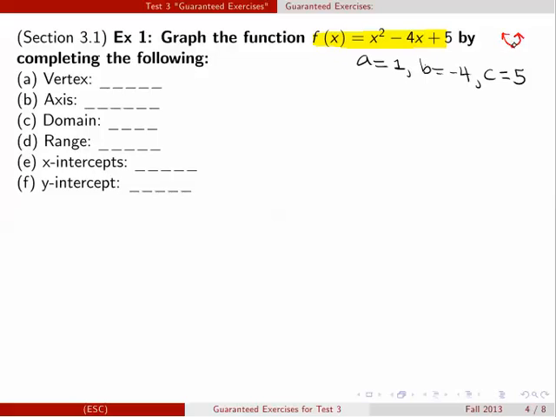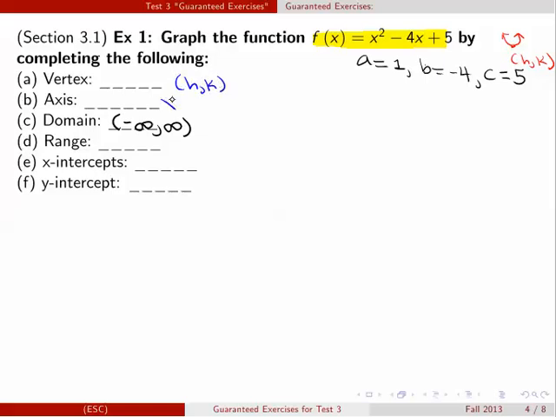Okay, and this one here at the bottom is our vertex h, comma k. Something you guys should know about parabolas is if they open up and down, then the domain is always going to be from negative infinity to infinity. Okay, so that's a given. Now the vertex is going to be the value h comma k. We're going to find this.